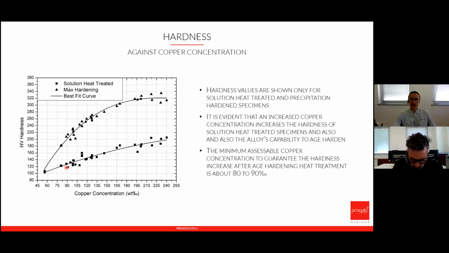If you're talking instead of 14 karat, everything changes, because in 14 karat it is not the copper that is driving the main hardness of the alloy, but there will be other elements influencing the hardness. So in the webinar of next week, we will talk specifically about 14 karat alloy. So we suggest you follow the next webinar too.